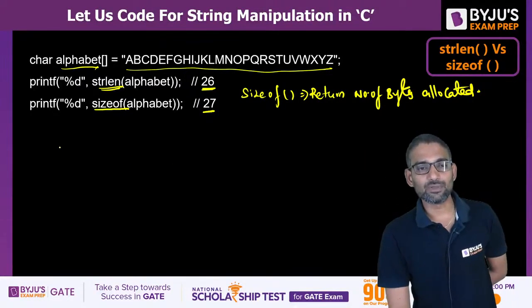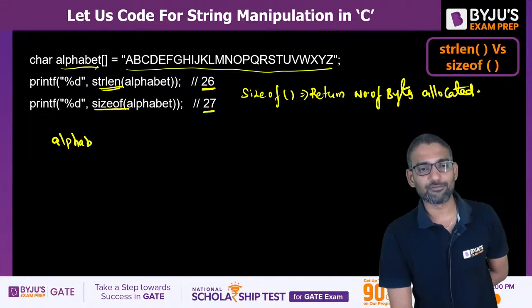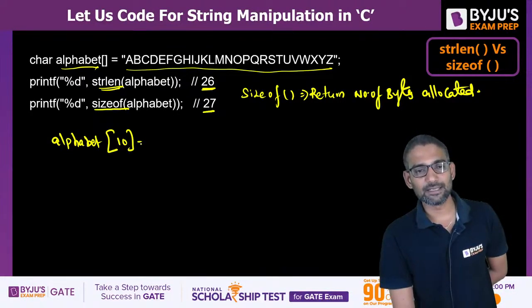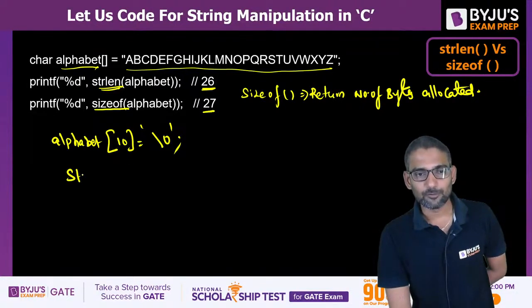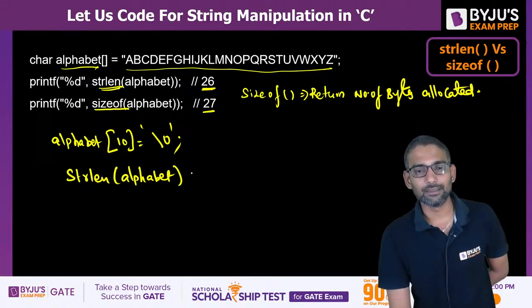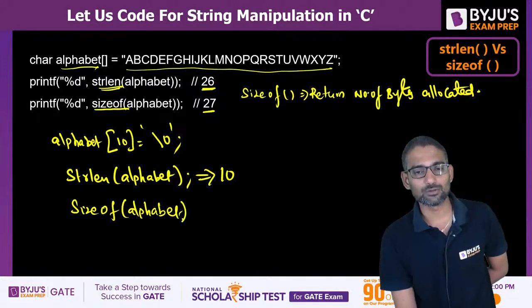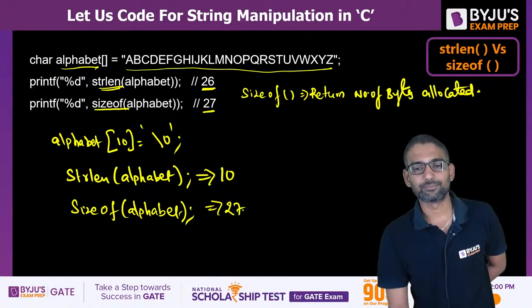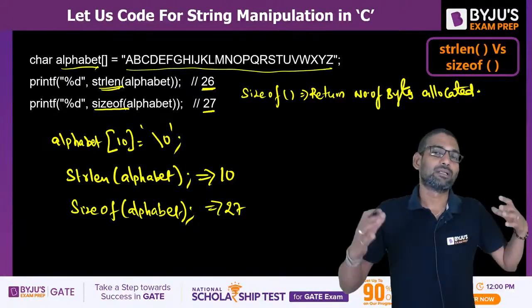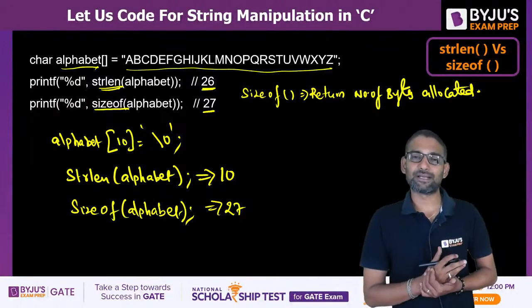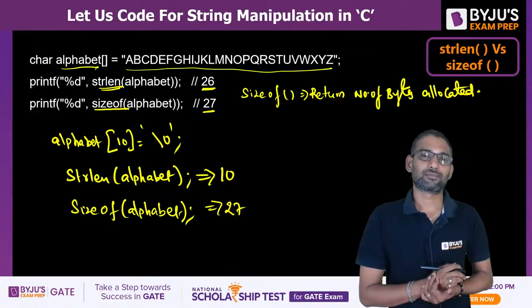Right. Suppose if I make alphabet of some 10 is equal to null. Now if I write strlen of alphabet, I will be getting 10, but if I use the sizeof alphabet, even now also I will be getting 27, because you are changing the values stored in the memory, but the memory allocated is still 27 bytes for that string, right?